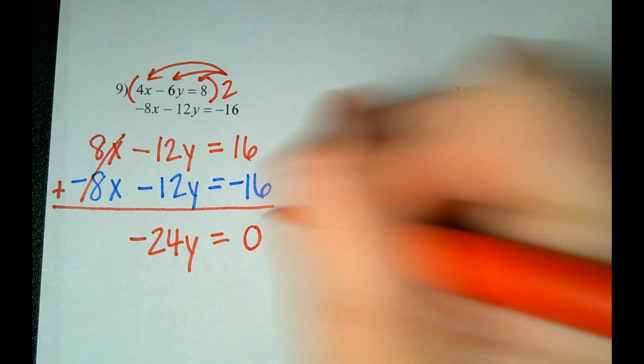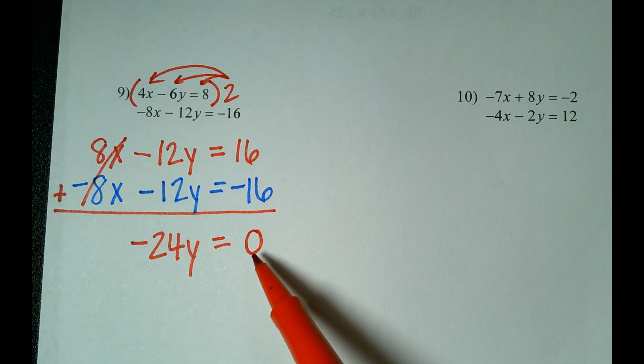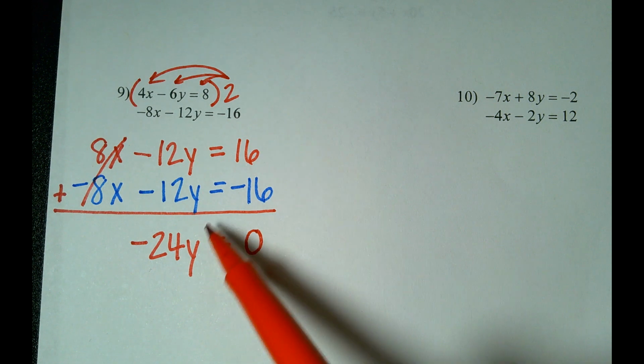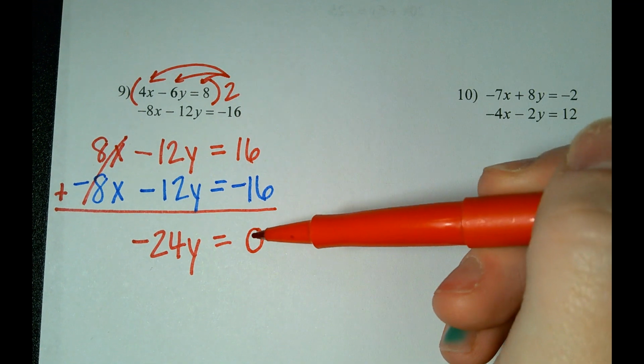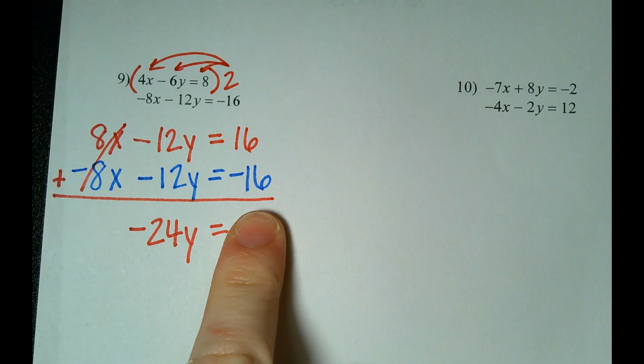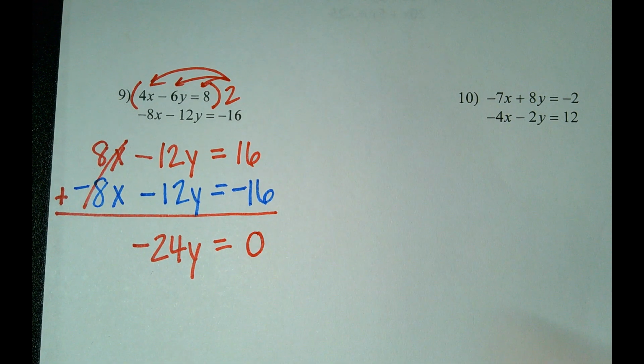0. Now, why am I going to write 0 instead of crossing these off? 0 is still a number, absolutely. If I didn't write 0 here and I just left nothing, negative 24y equals nothing, I wouldn't be able to solve this equation.